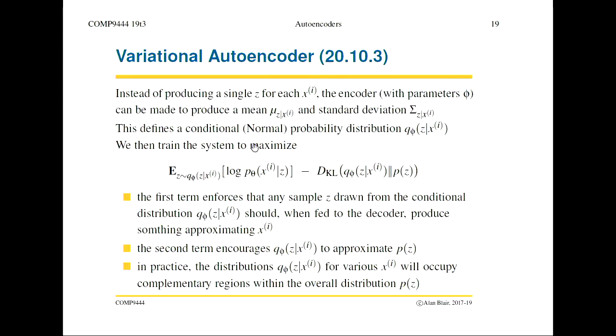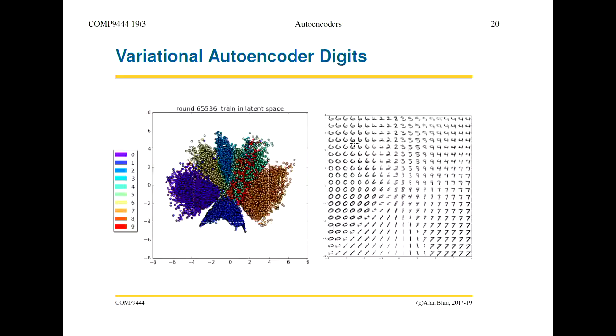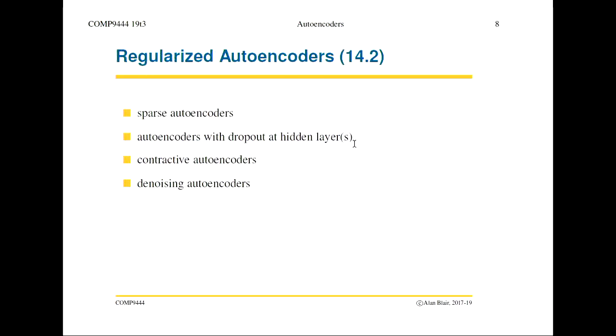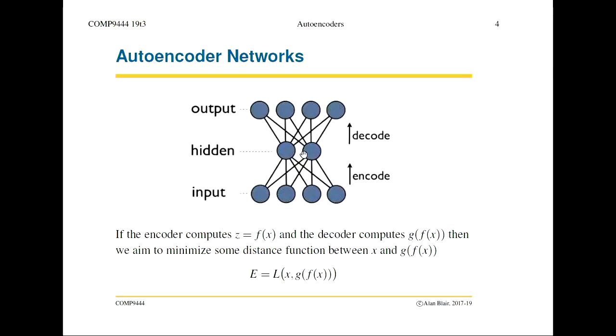Instead of just producing a single value, you put in an image, and you have two sets of hidden units. One set of hidden units produces the mean, and the other set produces a standard deviation for that latent variable. And then when you apply the decoder, you sample from that mean and standard deviation.